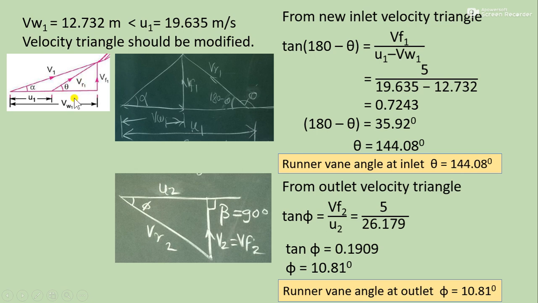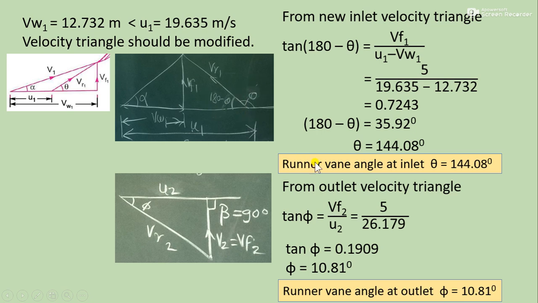When u1 becomes bigger than Vw1, the Vr1 component shifts outside, to the right side. But by that, the theta angle becomes greater than 90, an obtuse angle. So now we will use this new inlet velocity triangle for the calculation.